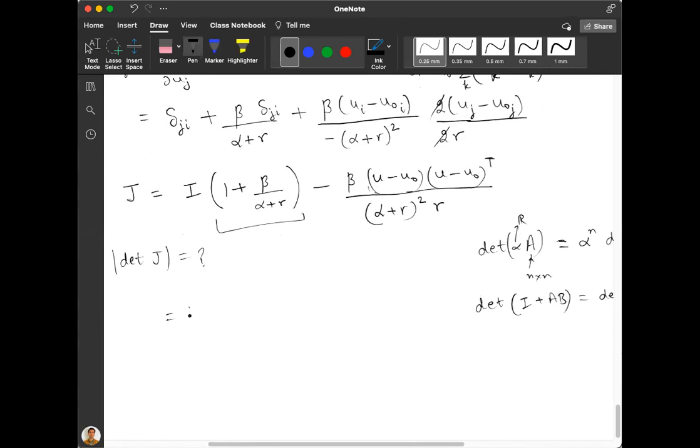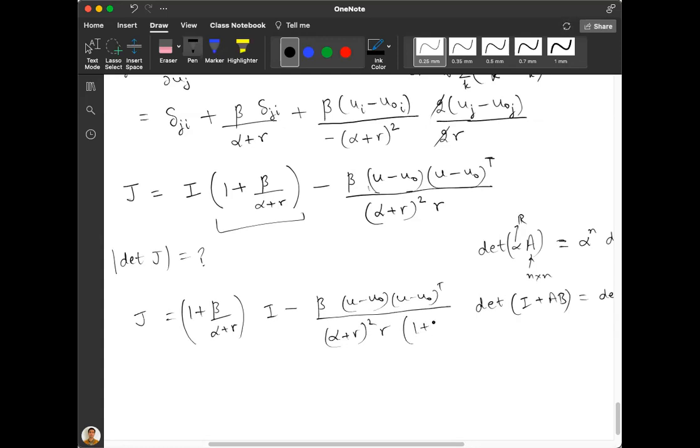This becomes equal to 1 plus beta upon alpha plus r, let's take this as common. Then I'm writing J only first: I minus beta times (u minus u_0)(u minus u_0) transpose upon (alpha plus r) whole square times r, and 1 plus beta upon alpha plus r.